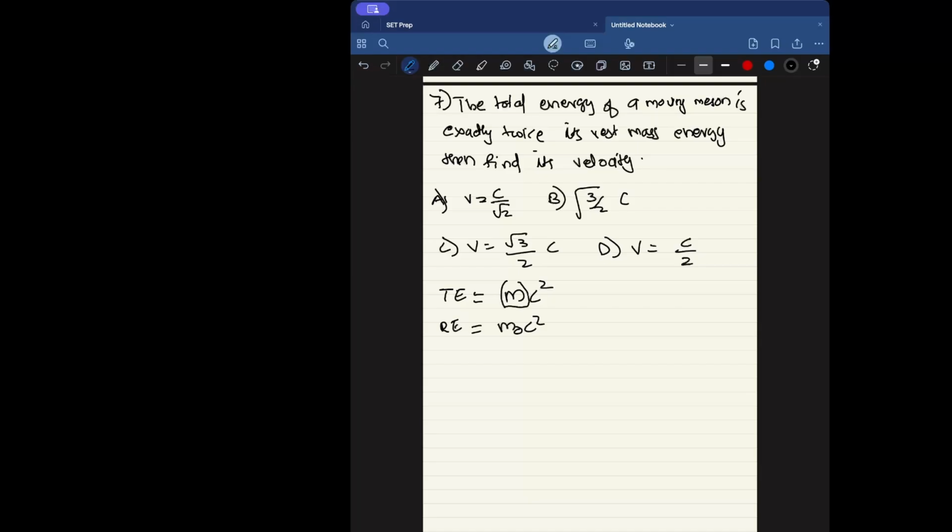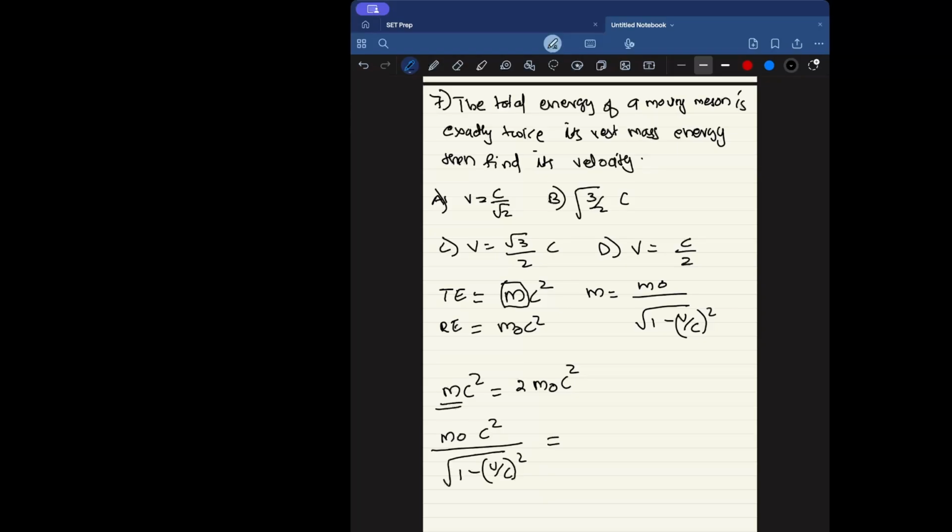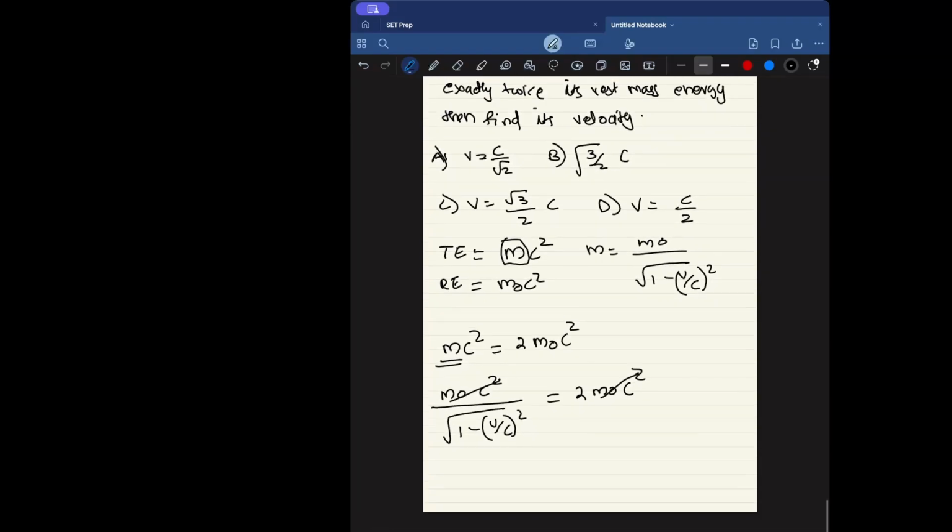And you know the equation to find m: m equal to m0 over root over 1 minus (v/c) square. So just apply this equation. mc square equal to 2 m0 c square, and substituting for m, m0 c square by root over 1 minus (v/c) square equal to 2 m0 c square. You can cancel this m0 c square from both sides.